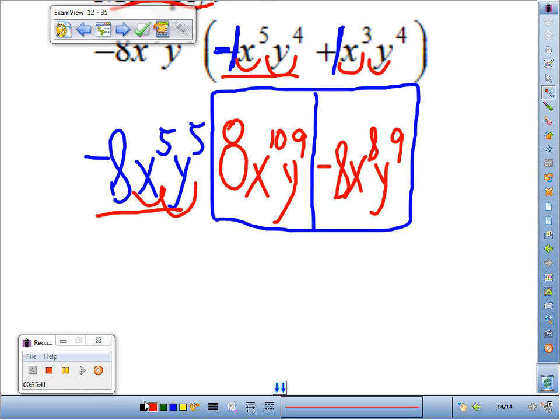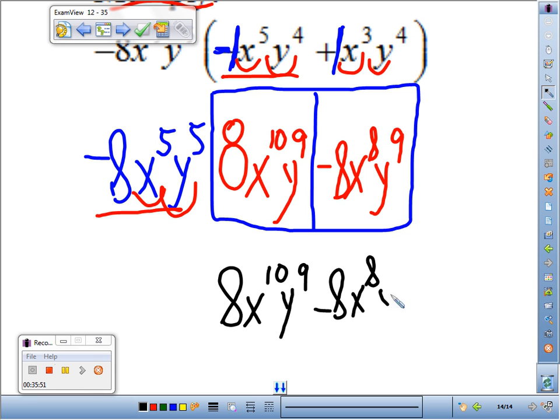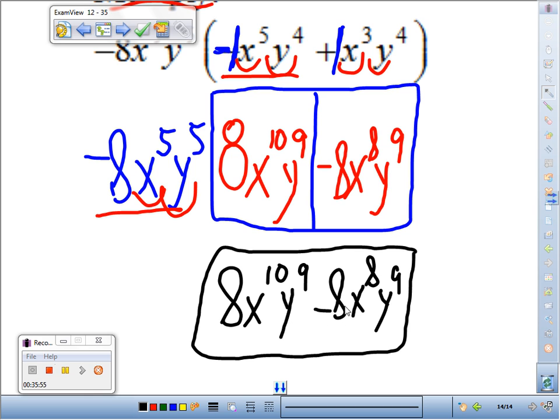All you have to do is write it out. 8x^10y^9 minus 8x^8y^9, and you box your answer. Why can't we combine anymore? Because each term has to have the same exact exponents on the variables. Do the x's have the same exponents? No, that's why we cannot combine.